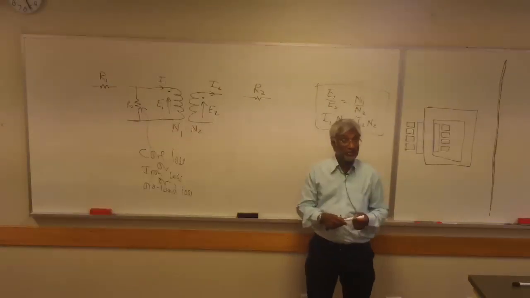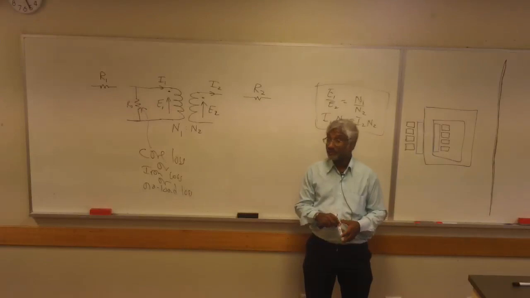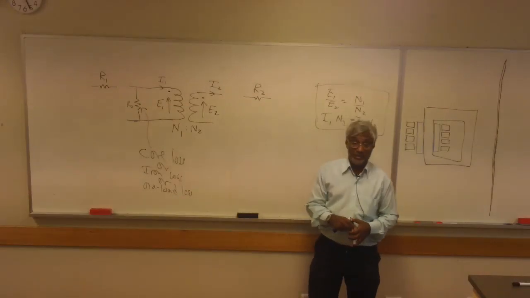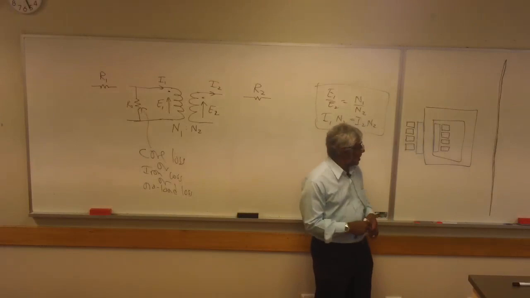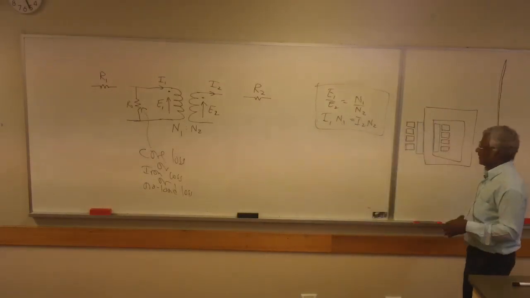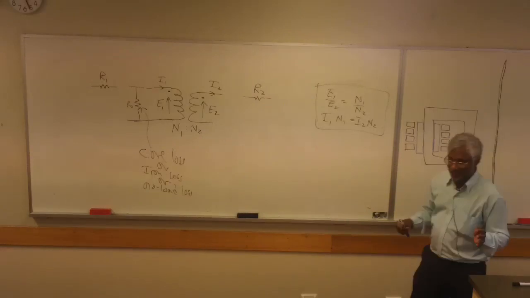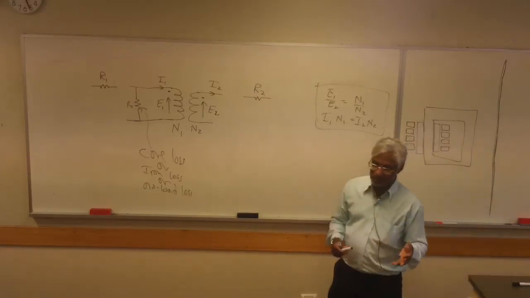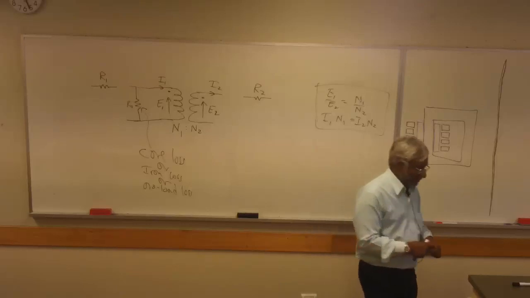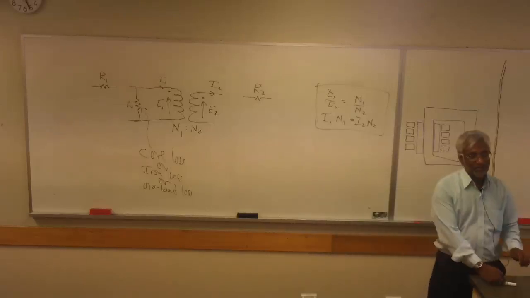Any other imperfections for your transformer? Leakage flux, that's good. So leakage flux is that. And with leakage flux, there are two ways of looking at this. One is simple but not realistic, and another one is a bit more realistic. So I'll start with the simple but not realistic.